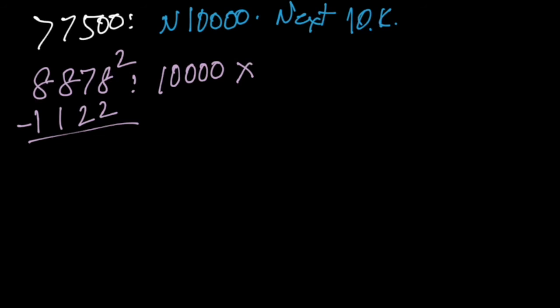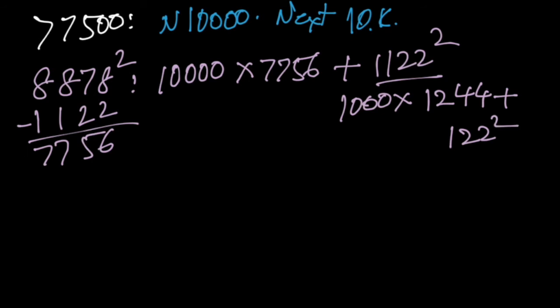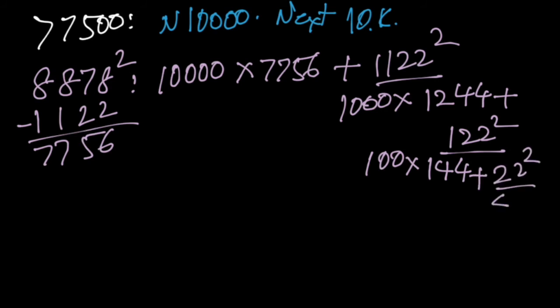So, this becomes 8878 minus 1122, which is 7756, plus a square of 1122. So, this thing is 1000 times 1244 plus a square of 122. So, this thing is 100 times 144 plus a square of 22. So, this is 484.